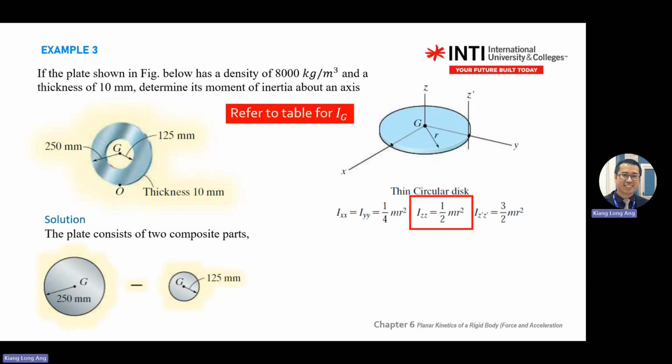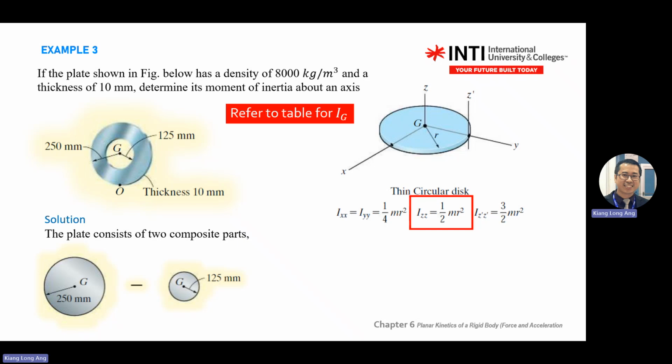So you use IZZ and not X, not Y. If you use X and Y, it means you look at the side of the body. So don't confuse the three axes there. I hope you understand this one. Once you understand this, chapter 6 will be very easy for you.